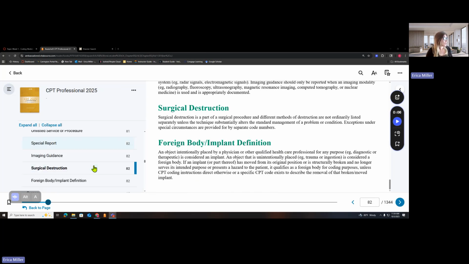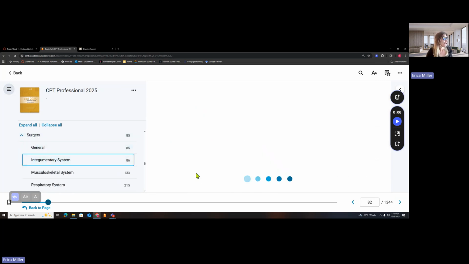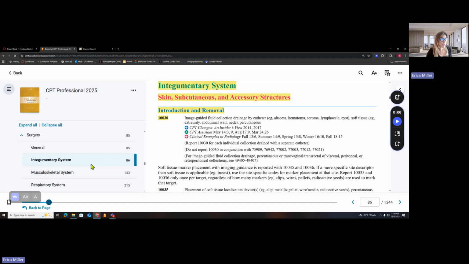So I'm just going to scroll forward and get us to the layout of your surgery section. Your surgery CPT code section is organized by body systems, and they're also typically organized from head to toe, or in this scenario, from the outside in, right? So integumentary is your skin, so that's on the outside. That's where we're going to start.